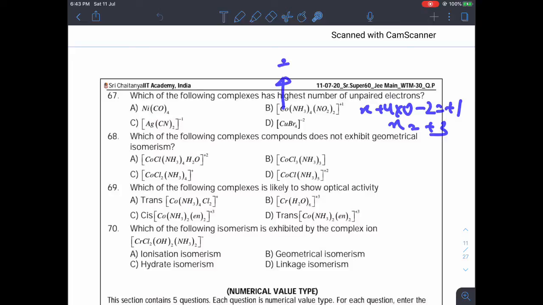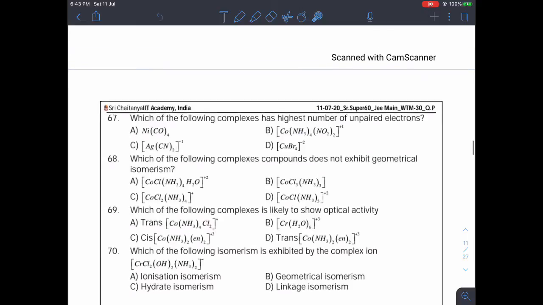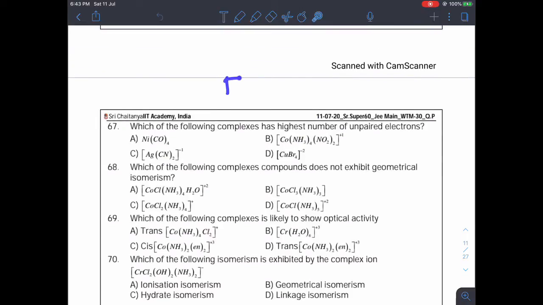So cobalt in plus 3 state will be nothing but d6, and look at ammonia and NO2, both are there, and NO2 is a powerful and ammonia is also a good ligand, so they will cause pairing in octahedral. So what will happen? 1, 2, 3, 4, 5, 6, no unpaired electron. Then automatically the correct answer will be D. You can check it out also.